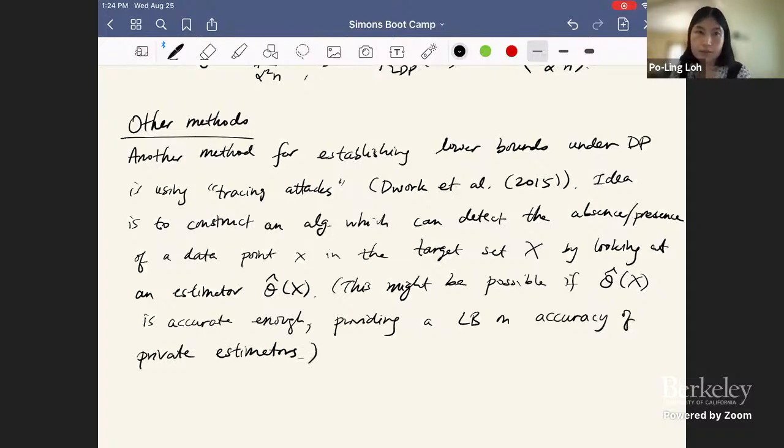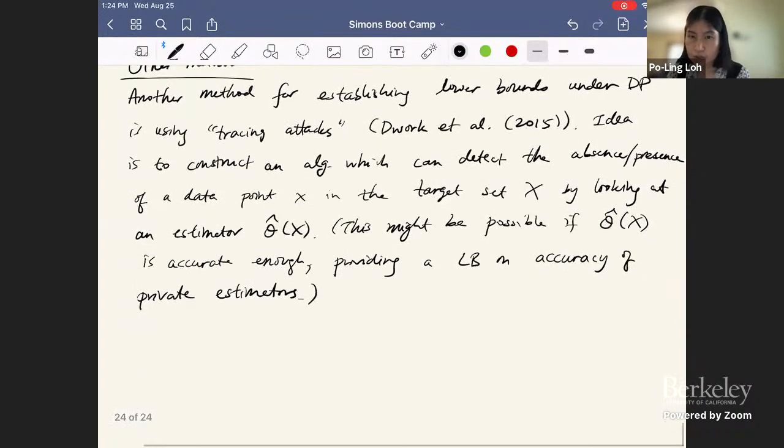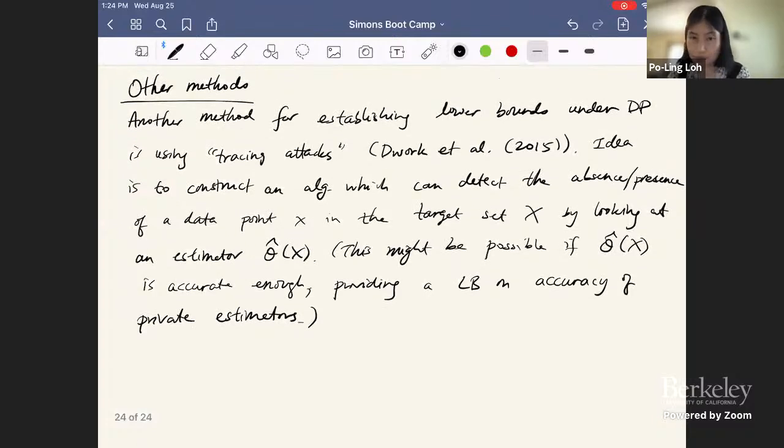Okay, so if we have the guarantee of privacy, that means that nobody should be able to tell based on theta hat whether or not a particular data point is in your set. So just very, very briefly to give you an idea of it.